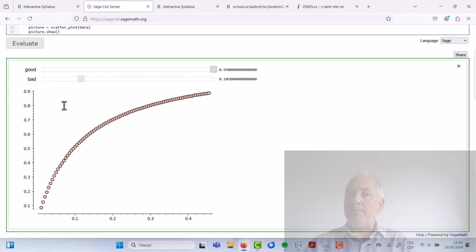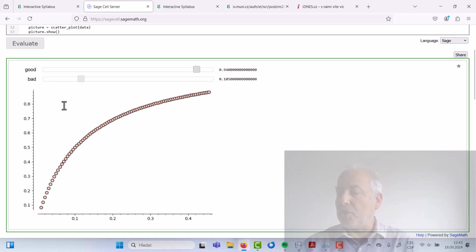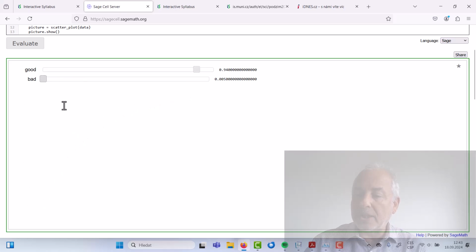But imagine what happens if we are doing the same, say, with the HIV virus testing, right? So say we would have a test which is pretty well sensitive. So if you are infected, the test nearly certainly tells it, and the selectivity is pretty good.